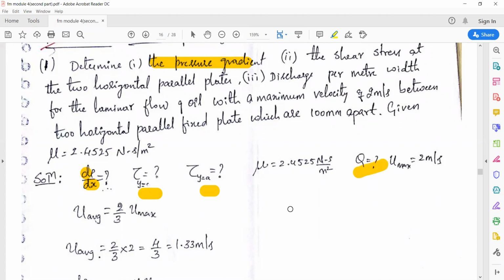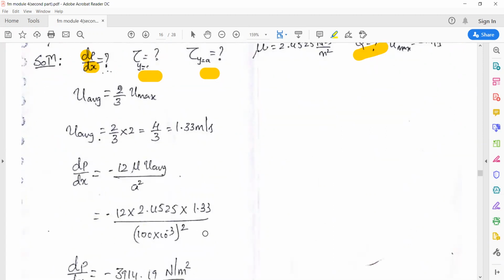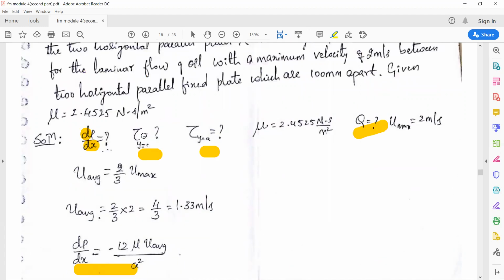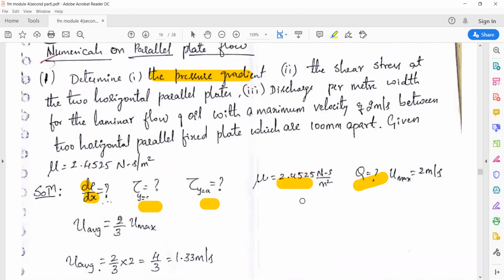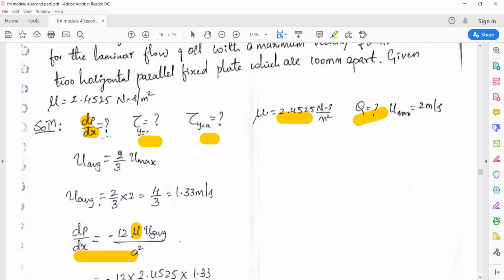All right. First, to calculate dp by dx, we have the expression. From the derivation of parallel plates, at the end of the derivation, we have got this expression: dp by dx is equal to minus 12 mu u average divided by a square. Mu they have given, so 2.4525 can be substituted. To calculate u average, they have given the maximum velocity.